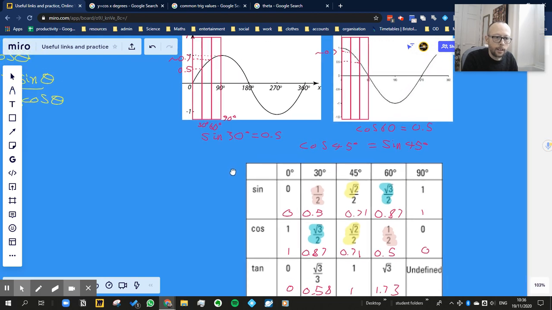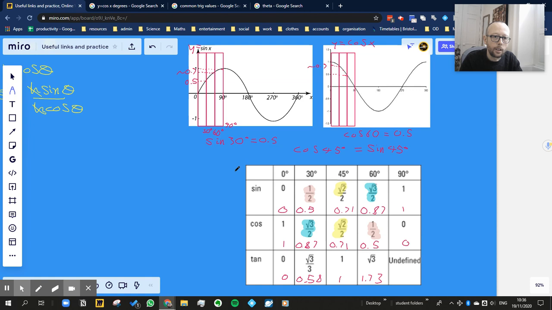I said that the top bit was around about 0.7. This looks like it's a bit higher, obviously, 0.87, so around about 0.9 in fact. But the point is, it's past the halfway point. And I said that sine 45 is equal to cos 45, and as you can see, it is.